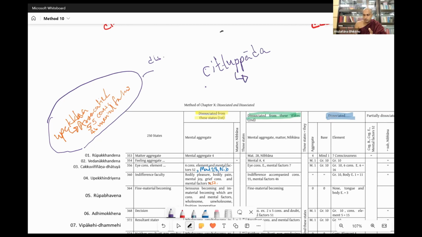It means the consciousness plus the associated mental factors, right?